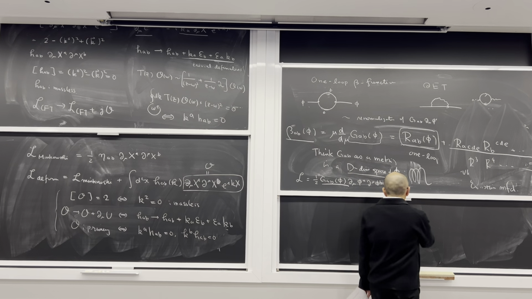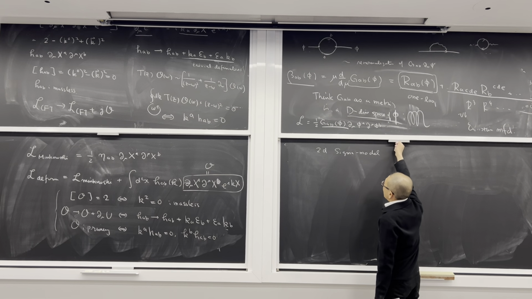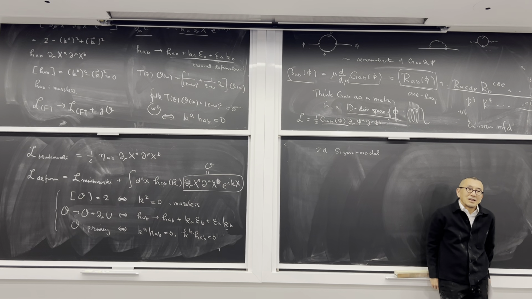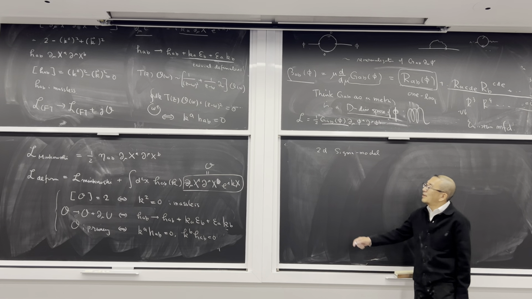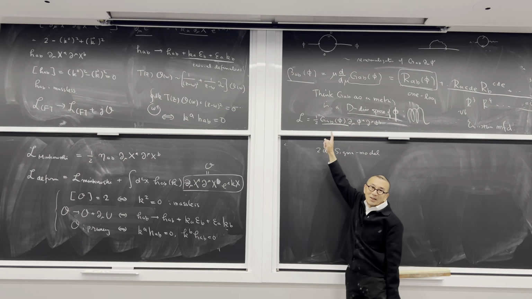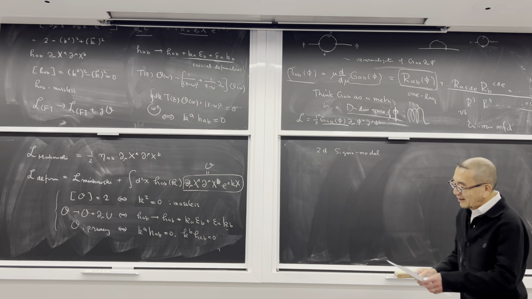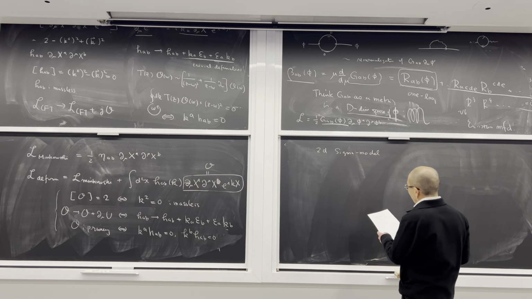This kind of thing was first considered as a model of hadrons in the 1960s, and when they started studying it, they used the symbol sigma to denote the scalar field. So the name sigma model stuck, and we call this class of models sigma models.